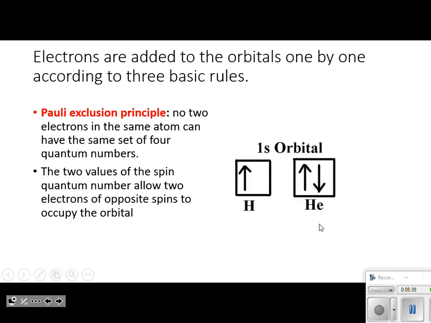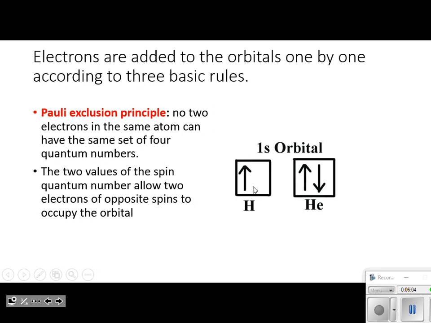Okay? So this is a picture I showed. And remember I said that the box is an orbital. The box represents an orbital. The arrows represent electrons. So hydrogen has the first energy level, the S sublevel. So we know the shape is round because we know that sublevel is round.